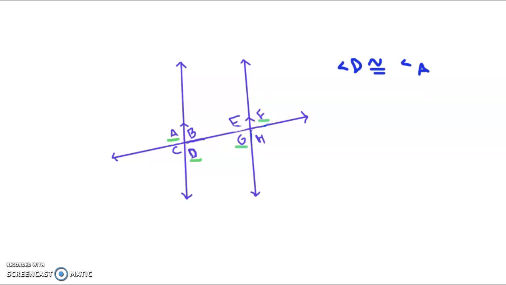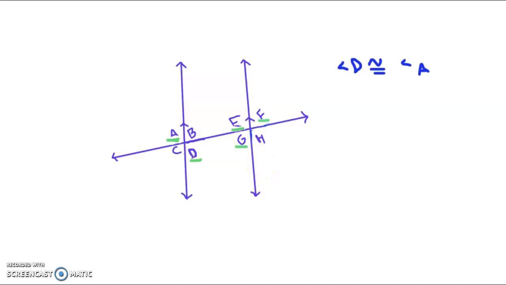Now just by looking, we can see that angle A and angle E are congruent. They obviously are not vertical angles or alternate exterior or interior angles. Instead, they are called corresponding angles.